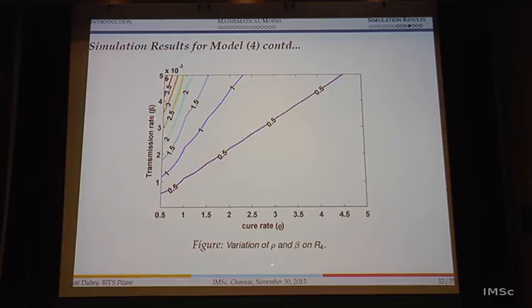When the transmission rate is high and the cure rate is low, the basic reproduction number for that model is high. When the transmission rate is a bit low and the cure rate rho is high, the reproduction number will decrease.